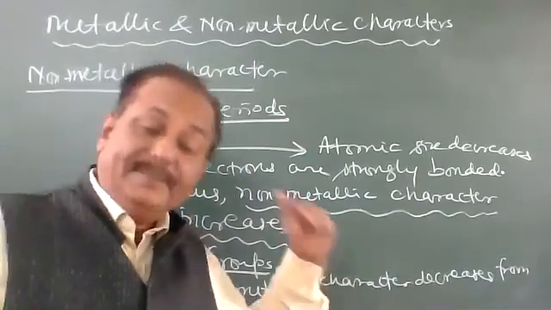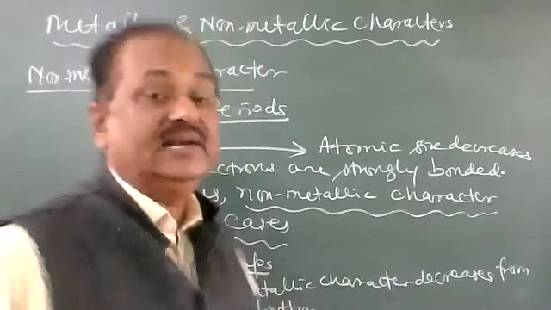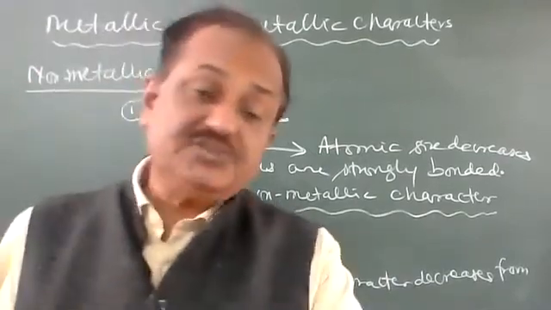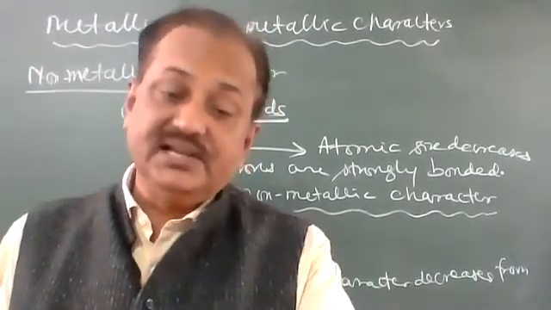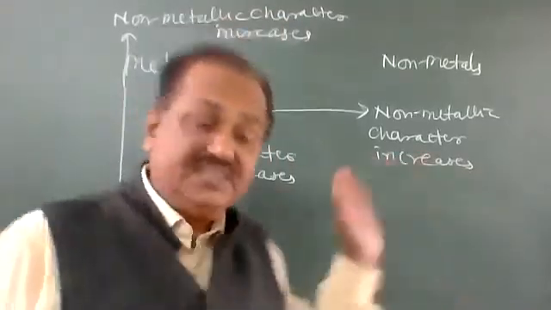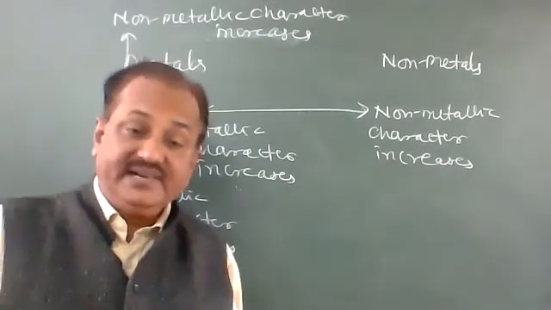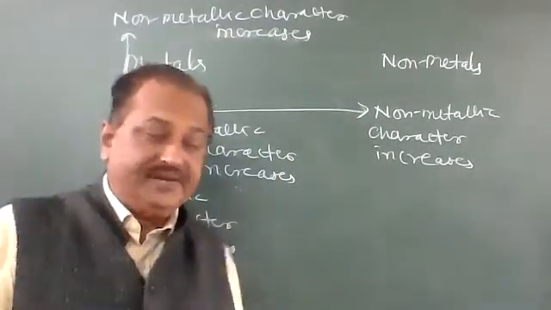So actually metallic character increases. Metallic character and non-metallic character are just opposite to each other in all the points. So this is the general representation of the metallic and non-metallic character in groups and periods.